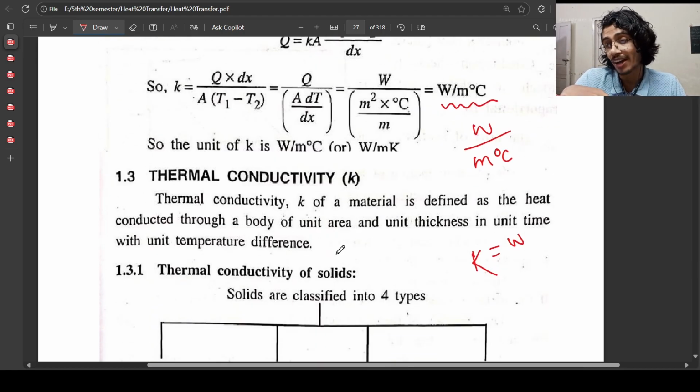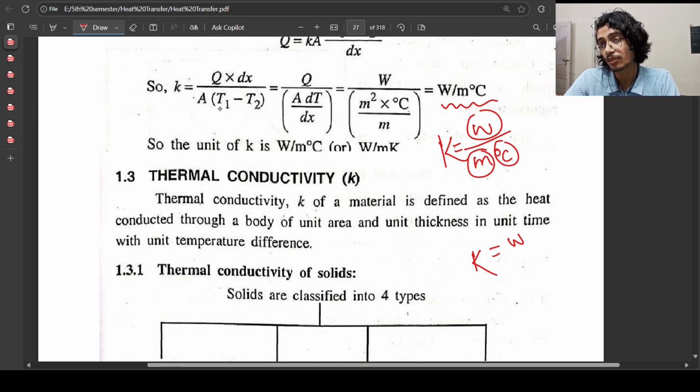And you can also define the thermal conductivity K of a material. It is a thermophysical property which is defined as the heat conducted through a body of unit area and unit thickness in unit time with unit temperature difference. You can say this from here as well. From here as well, K is equal to W when M is equal to 1 and degree Celsius is equal to 1.